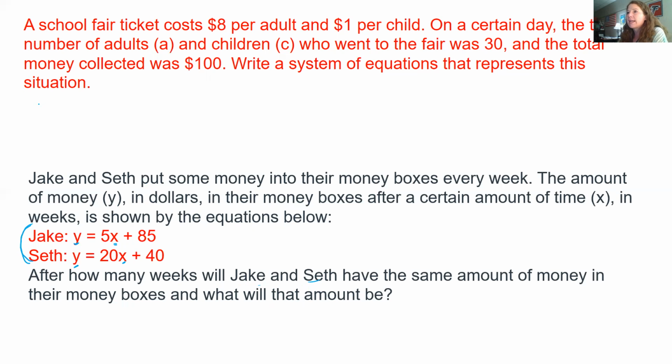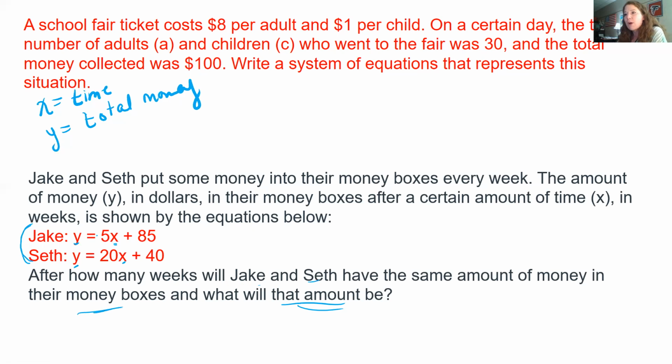So remember, X represents time and Y represents money. I guess we could put total money. Okay, so they're asking both questions. How much time will it take and how much money will they have?